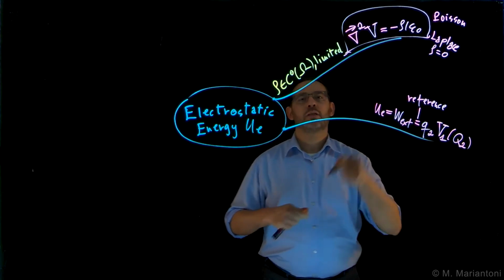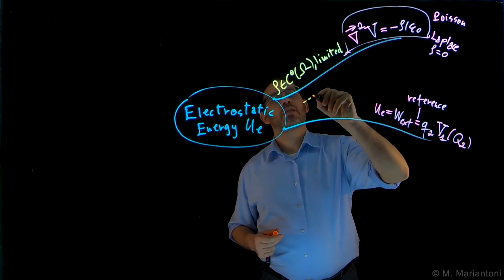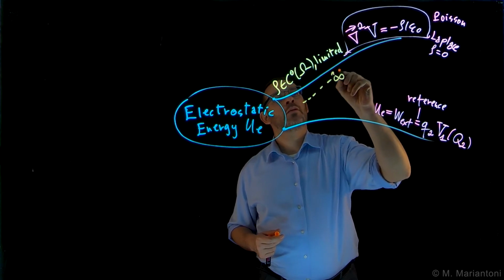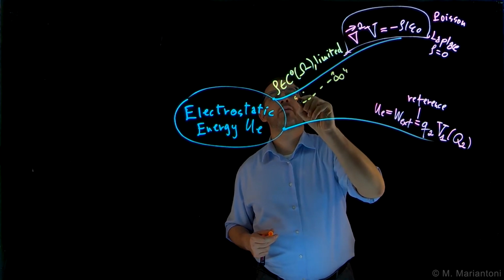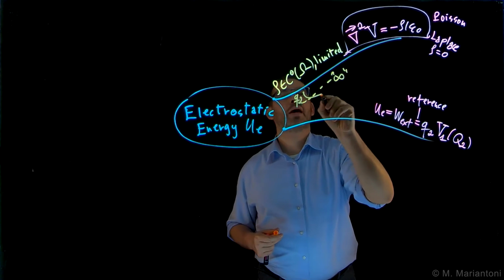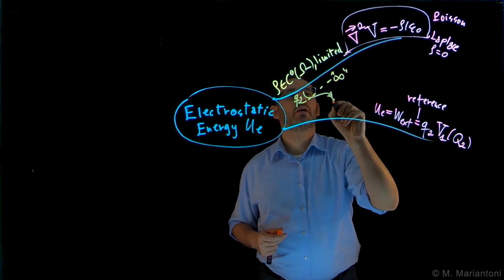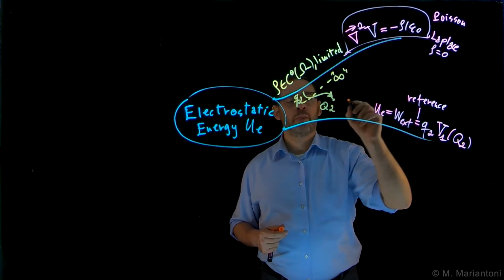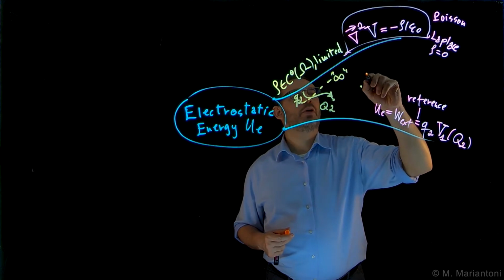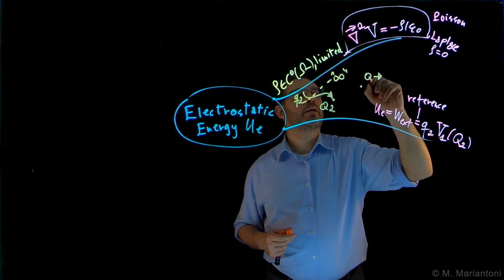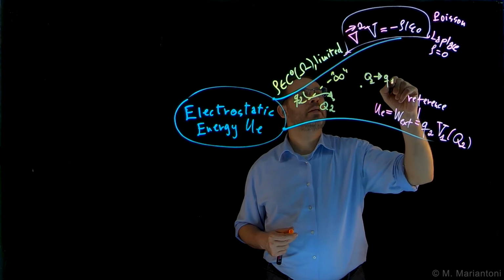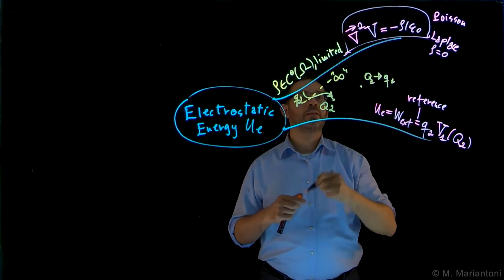Okay, so in other words, if we start from infinite distance and we bring our particle Q2 along any path we want, state function, to a point capital Q2, and here we have a point capital Q1 associated with the charge Q1, this generates a field.